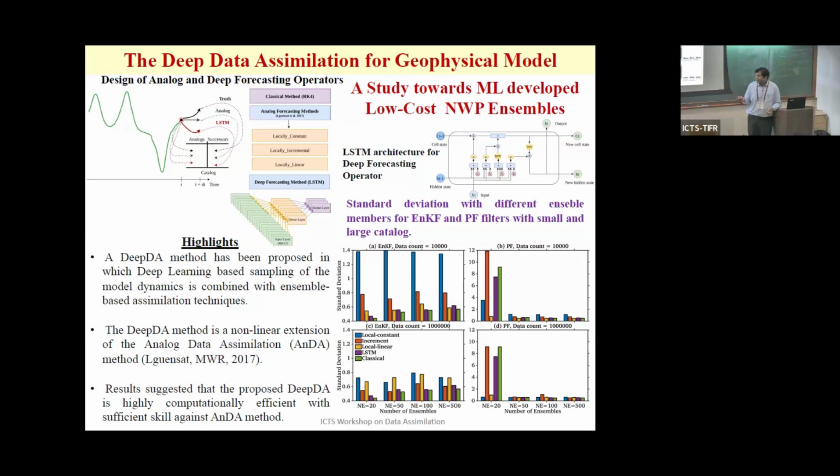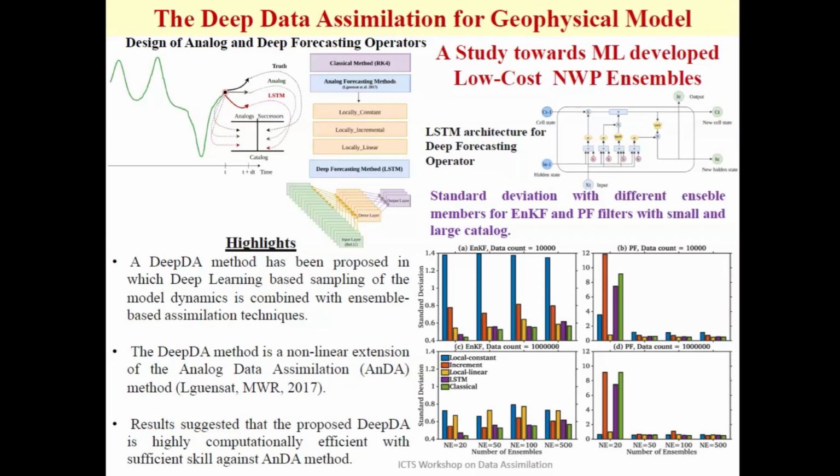The idea is that now you know there are many machine learning based models which perform better than the ECMWF model for some conditions. One is GraphCast, then from the China side there is Pangu, and recently they developed AIFS.